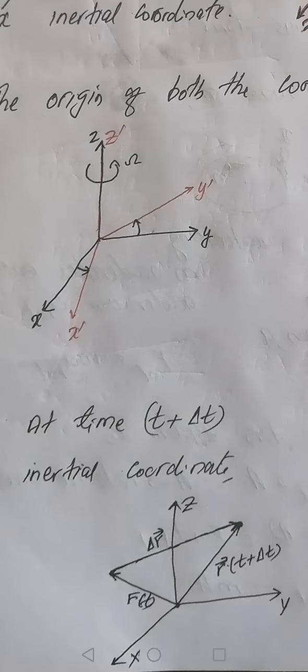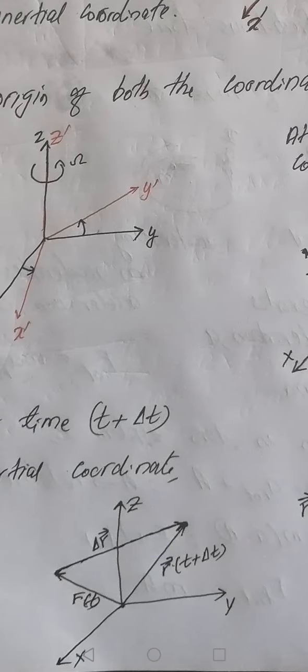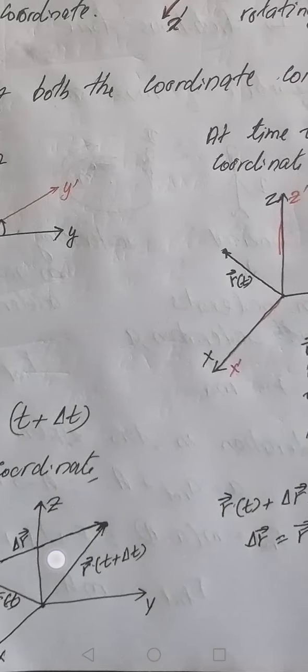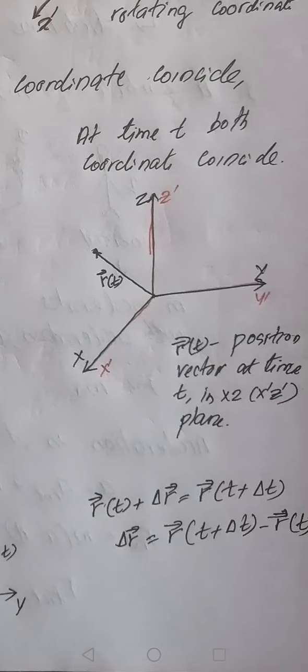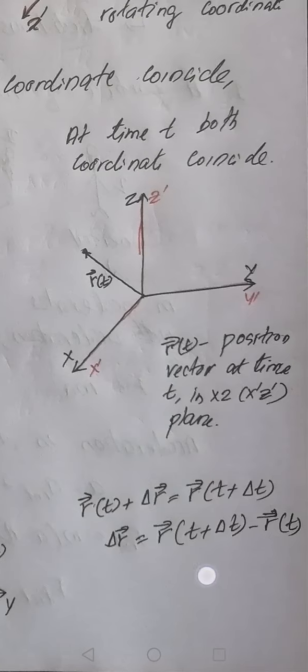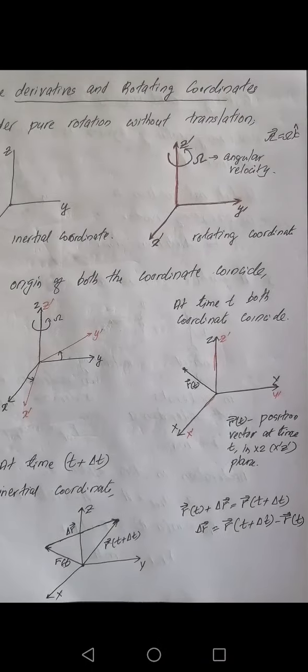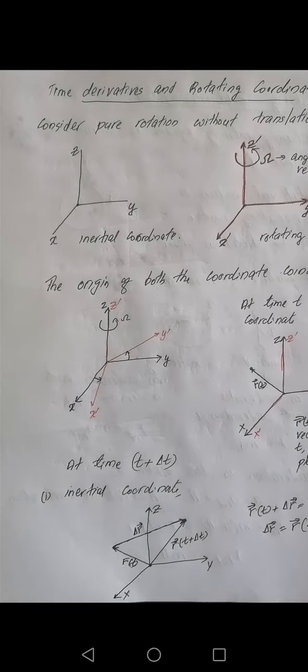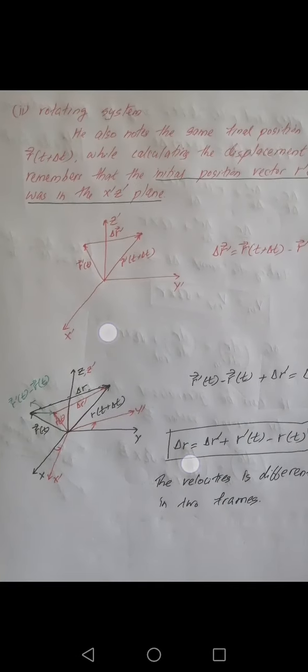Therefore, the displacement can be calculated from the vectors: r of t plus delta r is equal to r of t plus delta t, so the displacement delta r is equal to r of t plus delta t minus r of t. It's very clear. Now the same we can calculate for the rotating frame, right?